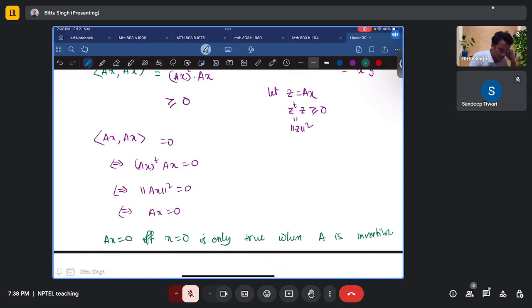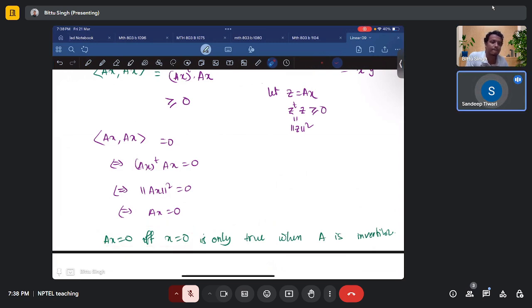Because suppose A is not invertible, then what will be the problem? A not invertible means the rank of A is less than n, so there is some nullity. So there exists some non-zero x for which Ax equal to 0.